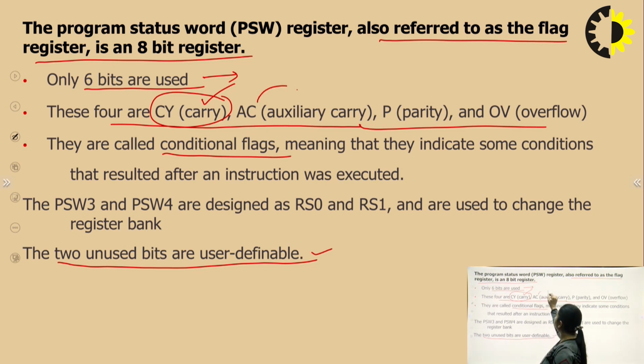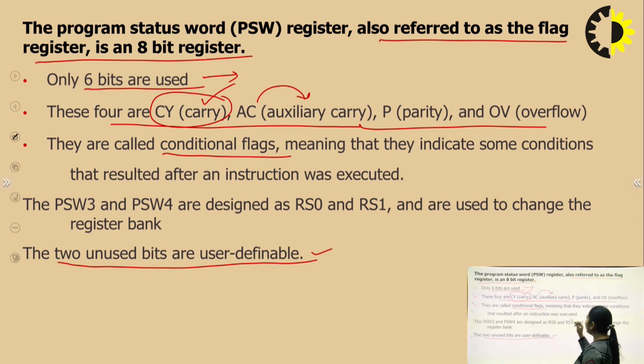Auxiliary carry is when the carry travels from the bit D3 to D4, from the lower nibble to the upper nibble. Parity is if we check the number of ones in the result, and if the number of ones is odd, like 1, 3, 5, 7, the parity flag will be set, that is 1.